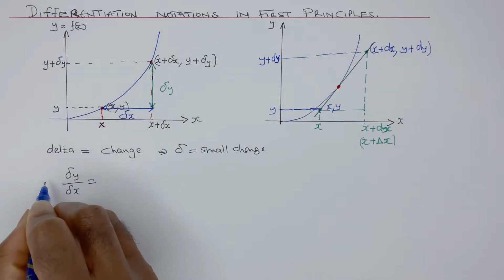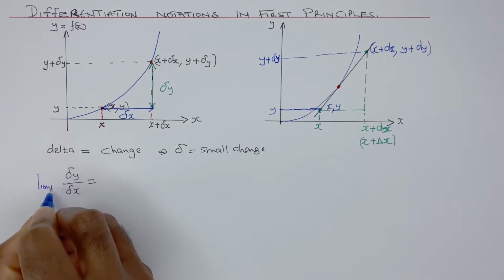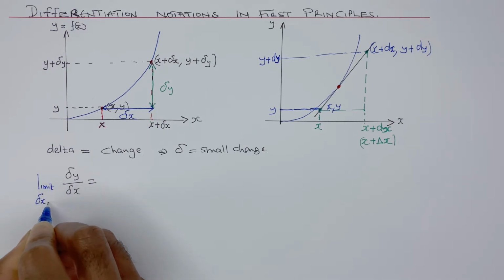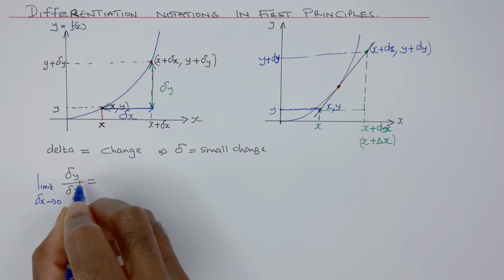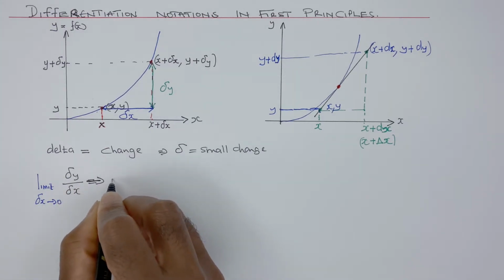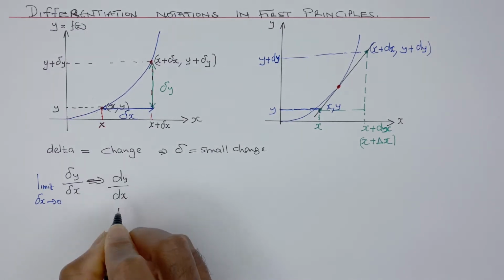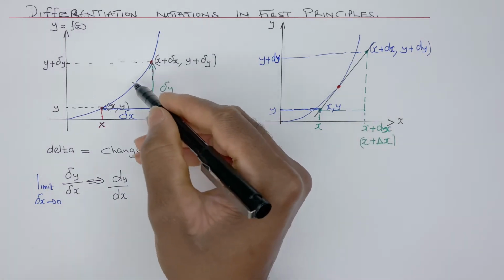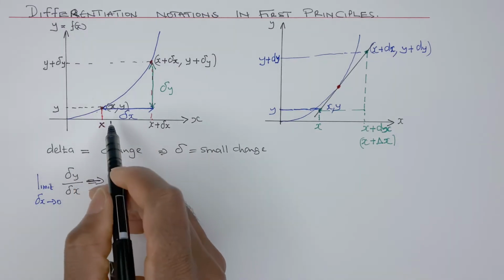When we then use the limit, we say delta x would tend to 0. And that implies that delta y over delta x would tend to dy over dx. So that's why we use the limit. That means we bring the difference between the two so small that this difference, dx, becomes really small.